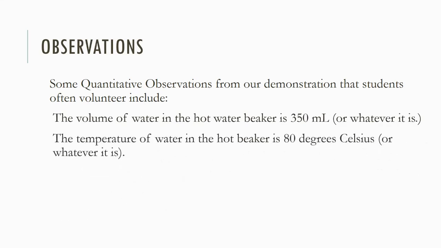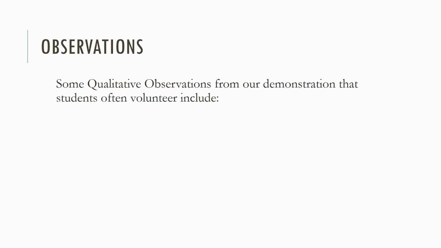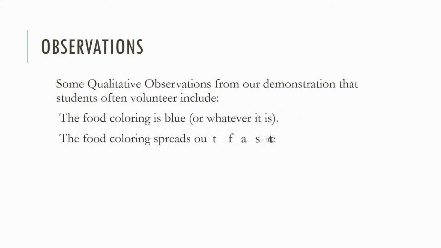The temperature of the water in the hot beaker is 80 degrees Celsius. Again, it's got a numerical value in it. With qualitative observations, remember, these describe qualities. This would be the food coloring is blue, or whatever color it ends up being, or the food coloring spreads out faster in the hot water. Notice both of those are qualitative observations.